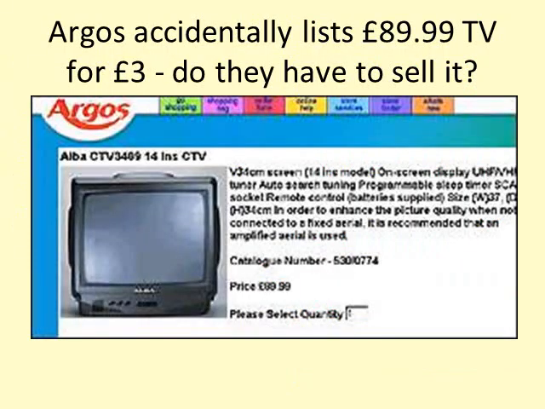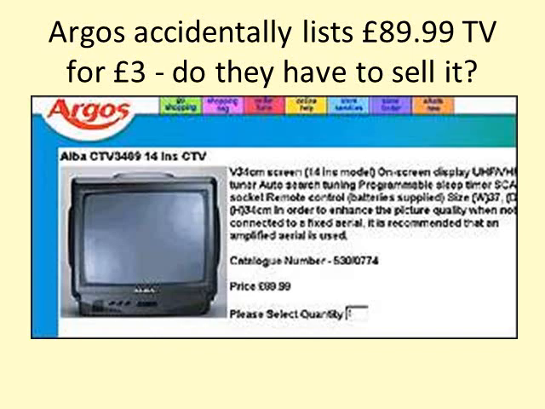So this is, I'm afraid it's not terribly clear, but if you have a look you'll probably see why that is. Argos accidentally listed these televisions, which the recommended retail price was £89.99. When they first started their website, they accidentally listed the televisions for £3.